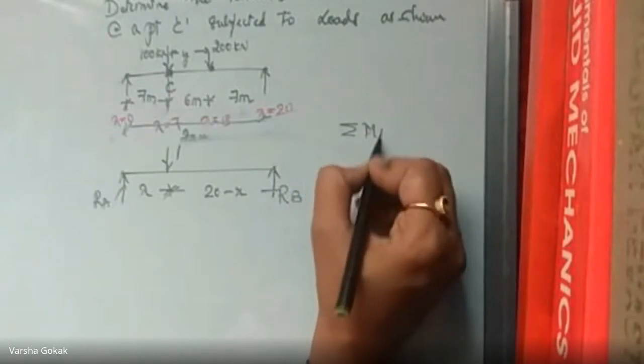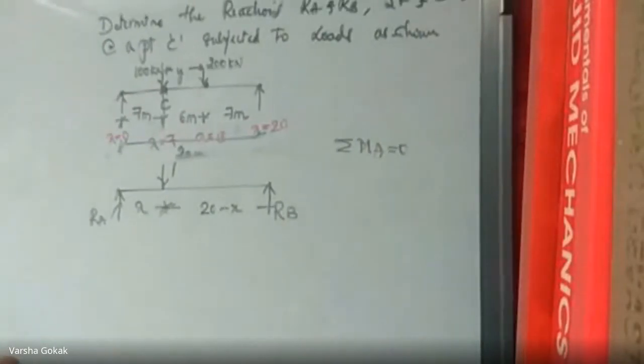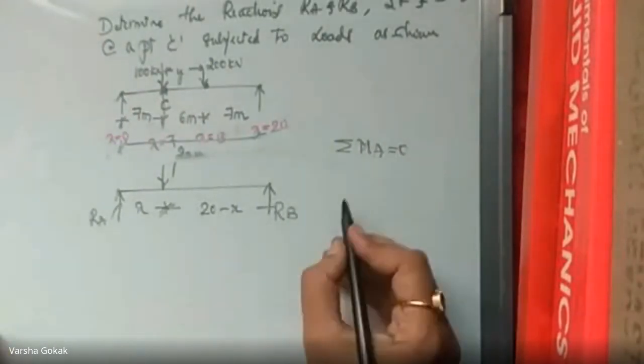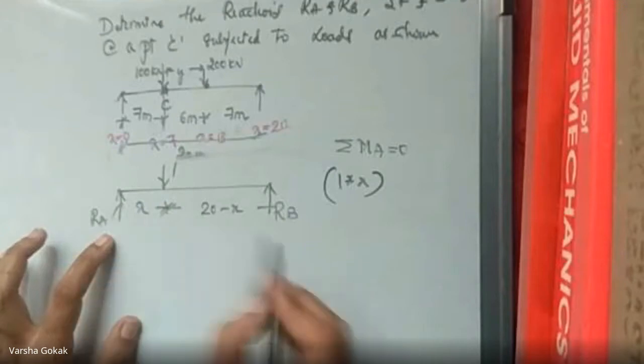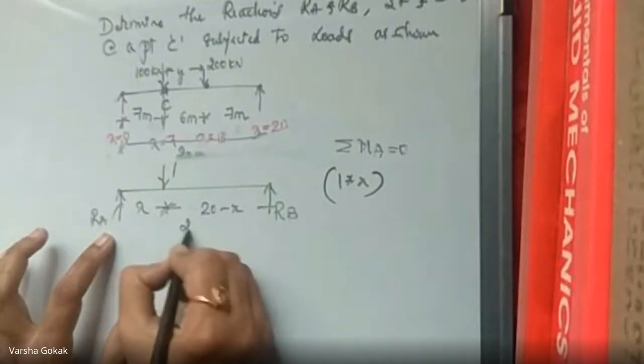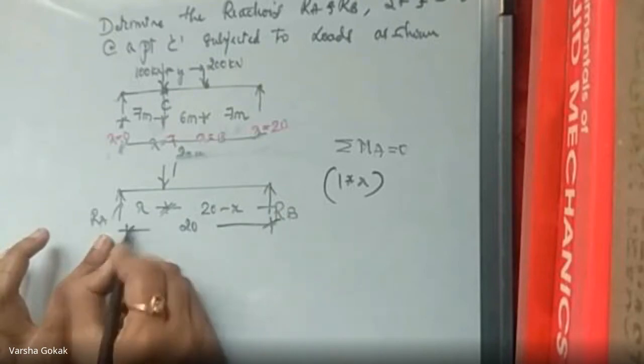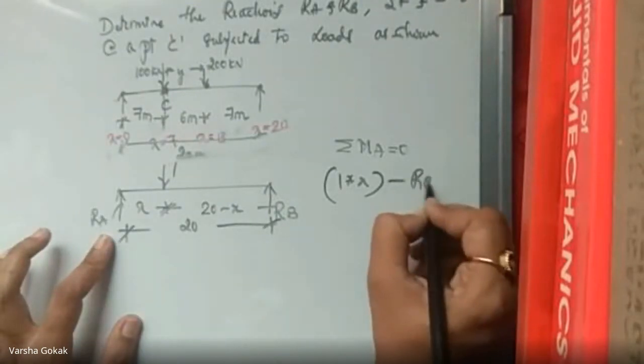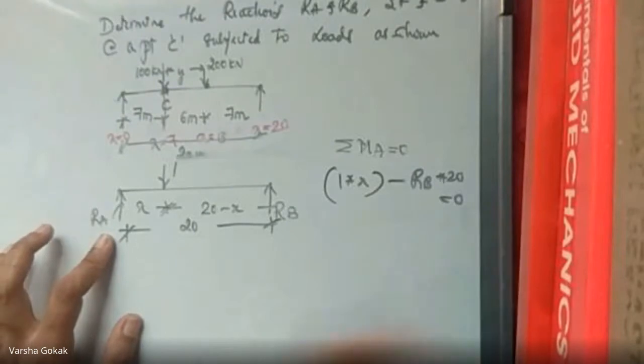Now, if I want to calculate RB, I will take summation MA equal to 0. I will take moment of all the forces about A equal to 0. So 1 into x, correct? 1 into x clockwise minus RB into 20, because the entire thing is 20. So minus RB into 20 is equal to 0.